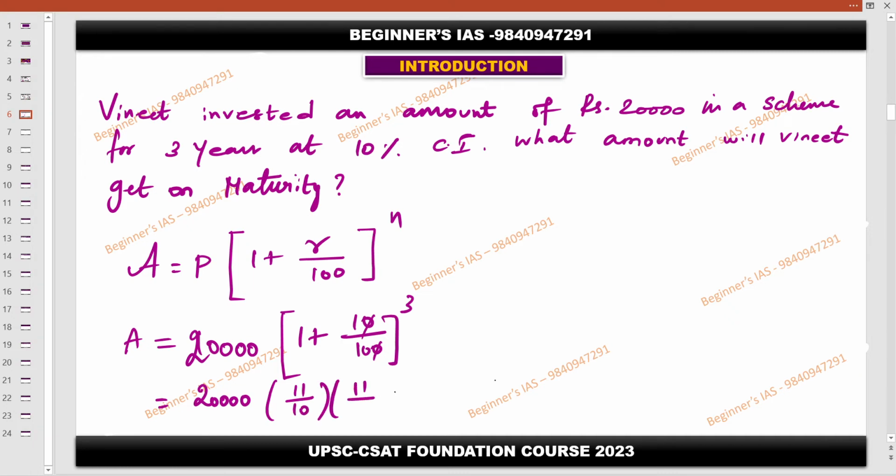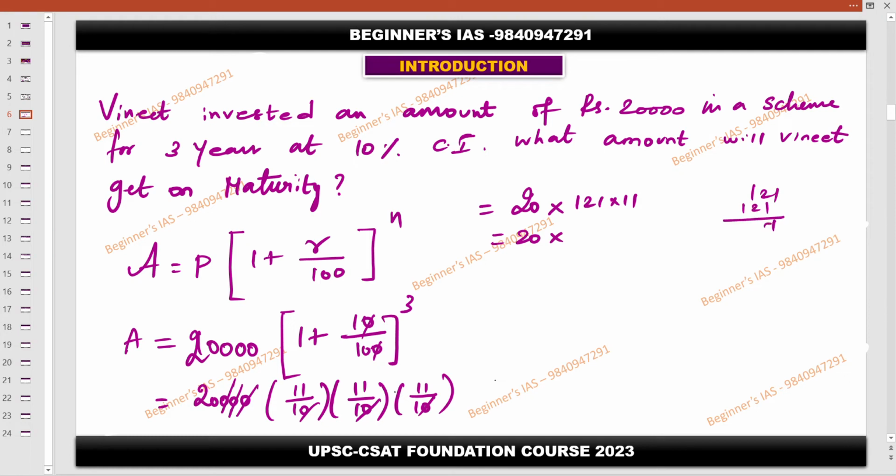So whole cube, therefore 3 times. Then 1, 2, 3 zeros cancel. So which is equal to 20 into 11 cube. What is 11 cube? 121 into 11.